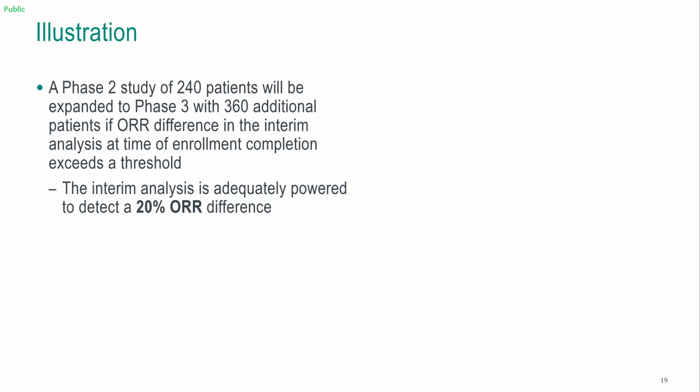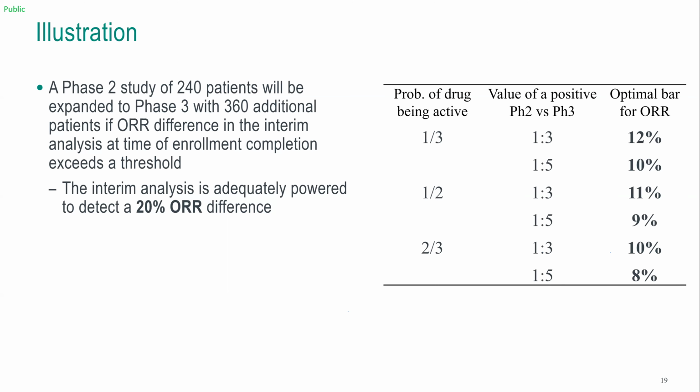For this interim analysis, a 20% ORR difference is the target. It's what the study is powered for. And we want to know what's the optimal bar for us to make a go/no-go decision.